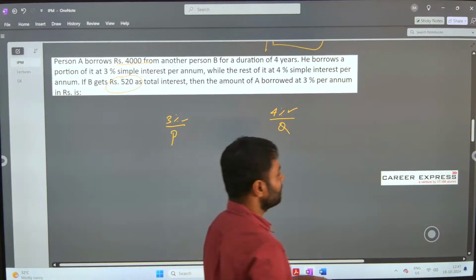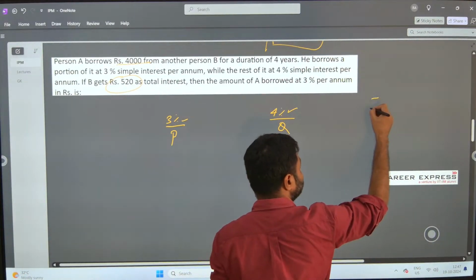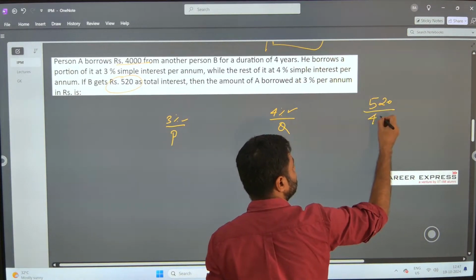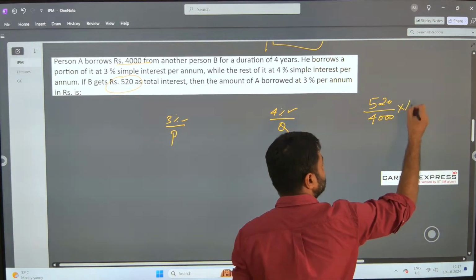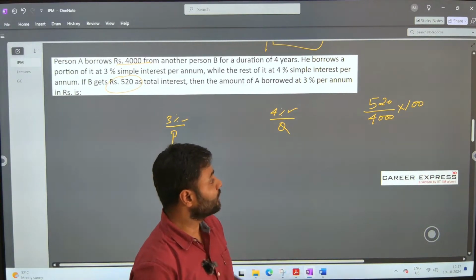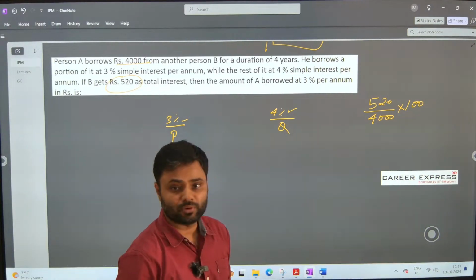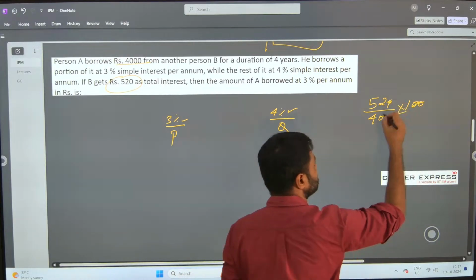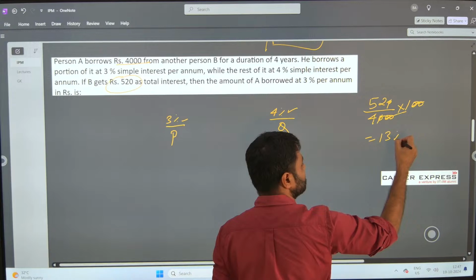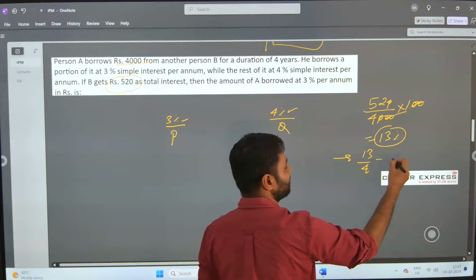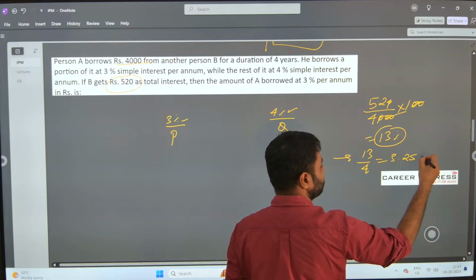So what is 520 in percentage terms? On an investment of 4,000, after 4 years, the person gets 520 rupees. So 4 years interest is, we can say, 13%. So what will be annual interest? 13 by 4, that will be 3.25%.